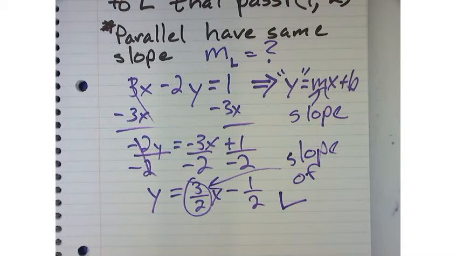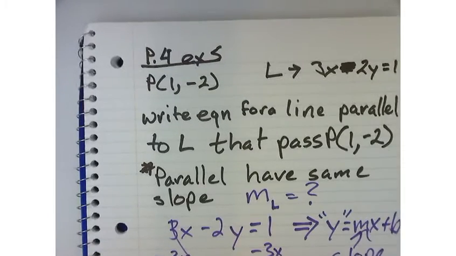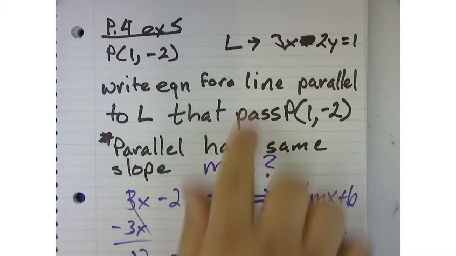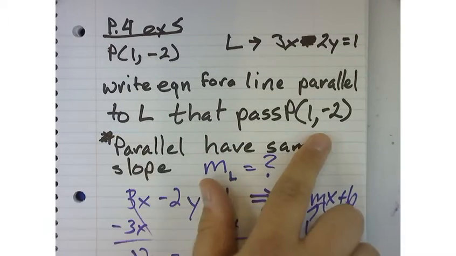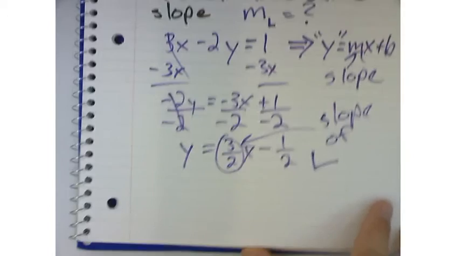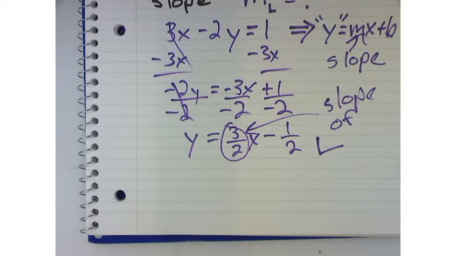Now to find the equation, remember we got to go way up here, but it said we need to write an equation for a line parallel to L that passes through the point 1, -2. Well, we know how to do that. If we have a point and a slope, what can we do? Use the point slope form, right?